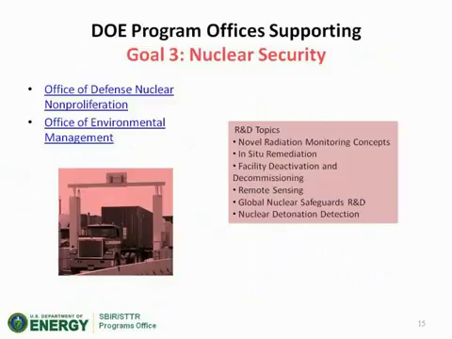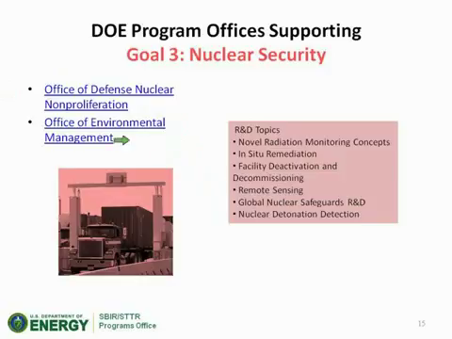And finally, really accounting for about 5% of our funding in the area of nuclear security, there are 2 offices. Defense Nuclear Nonproliferation, responsible to make sure that there is no illicit transport of nuclear materials. So they do a lot of work related to, again, detection, both of the materials and even detonation of nuclear explosions.